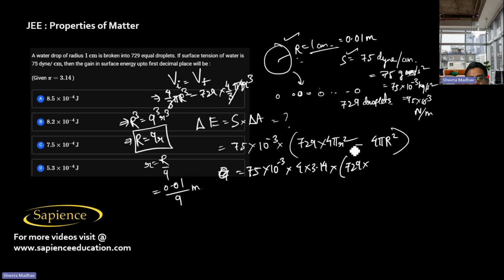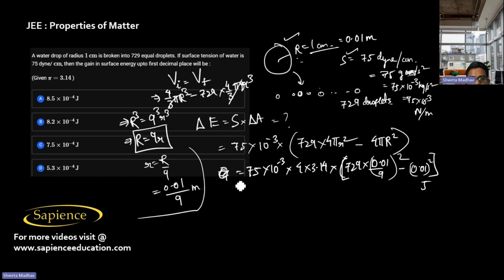You can take 4 pi outside. So 729 into R square, R square will be 0.01 by 9 whole square, minus R square, which is 0.01 whole square. The unit is joule.